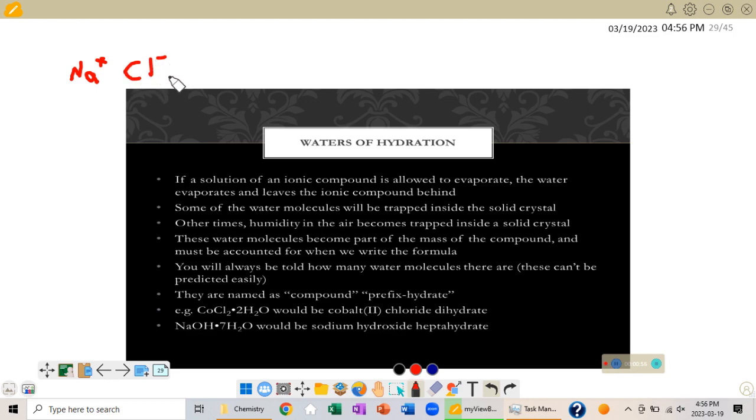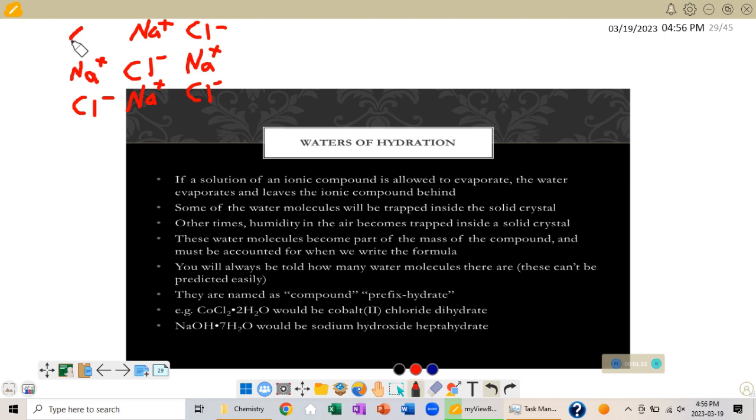In 2 dimensions, this chloride is going to be next to another sodium, surrounded on all 4 sides by a sodium. And then each sodium is surrounded on all 4 sides by a chloride. And what you get here is what's called a lattice.